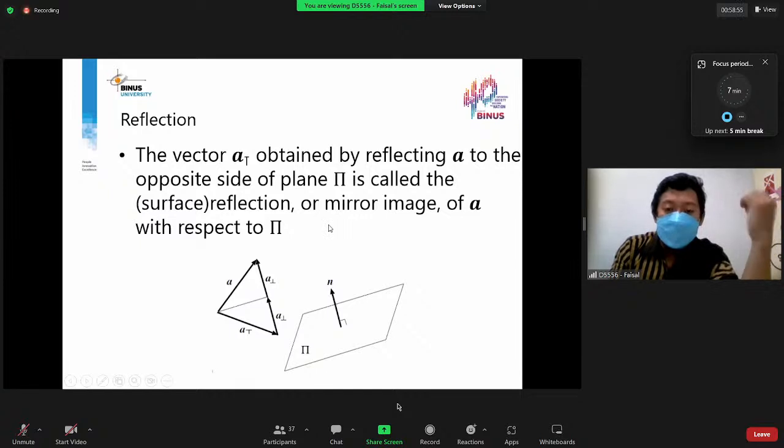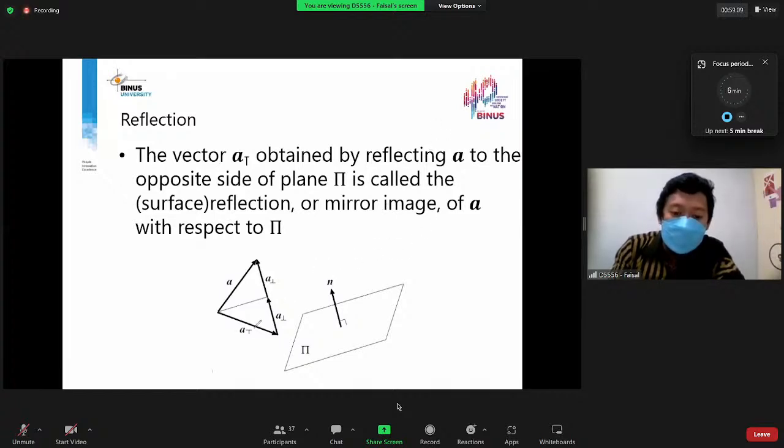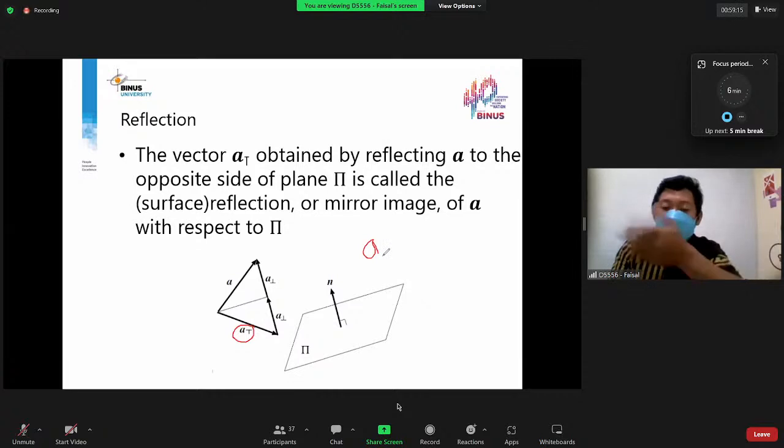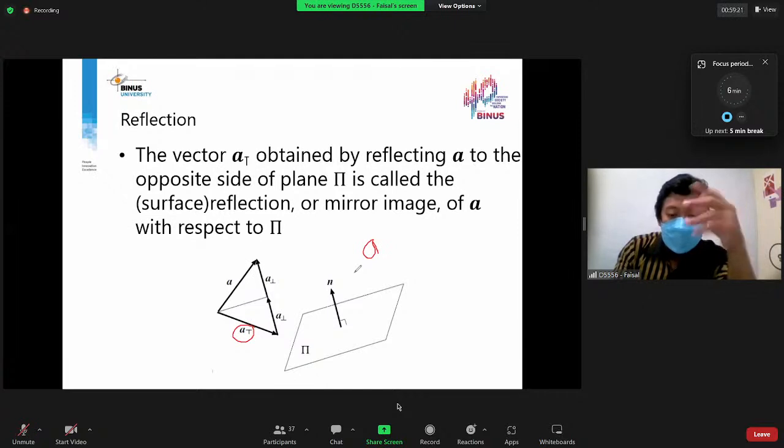The previous mirror was the line. Now the mirror is the plane. And for the result of the reflection, or the mirror image of A, we also use the same symbols. A orthogonal, but we flip it horizontally, just like the letter T. This is the reflection.